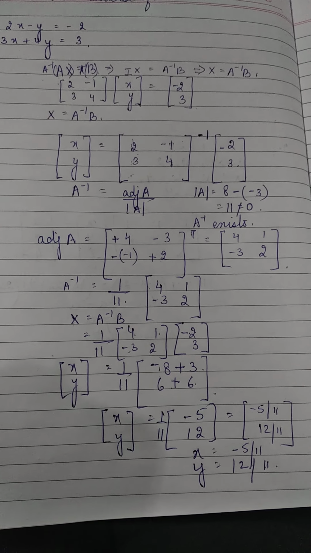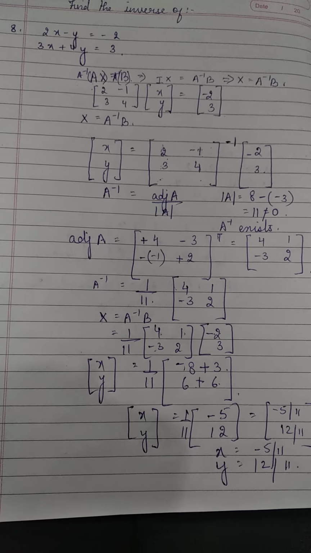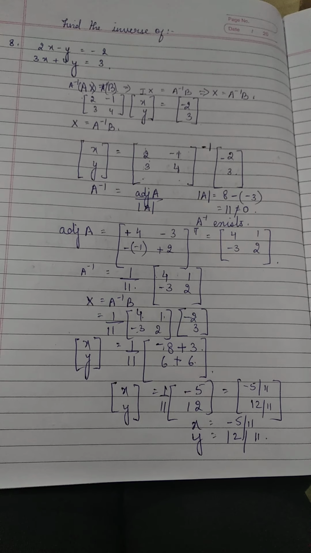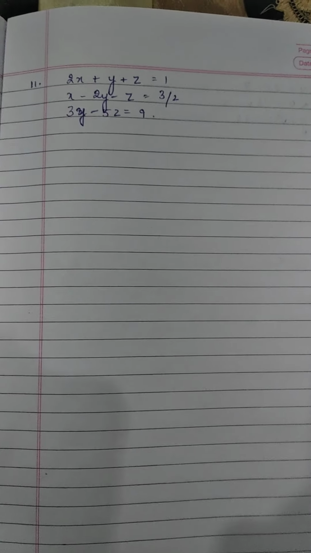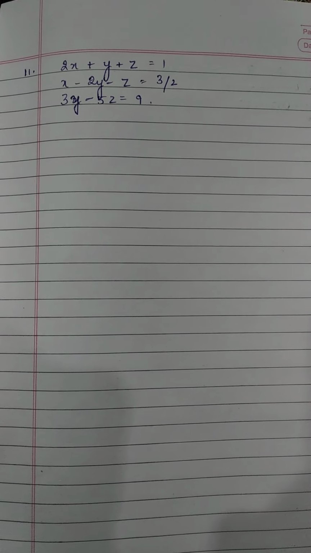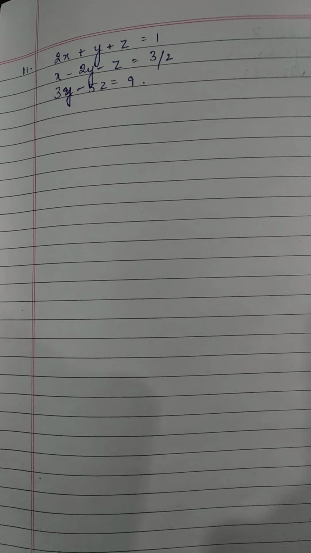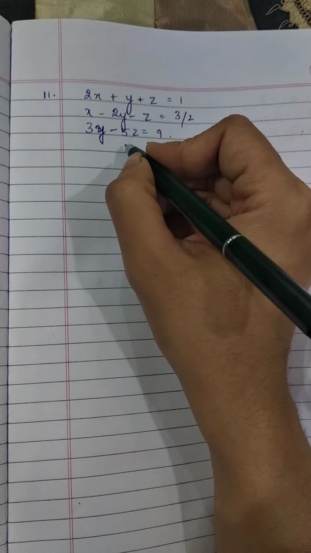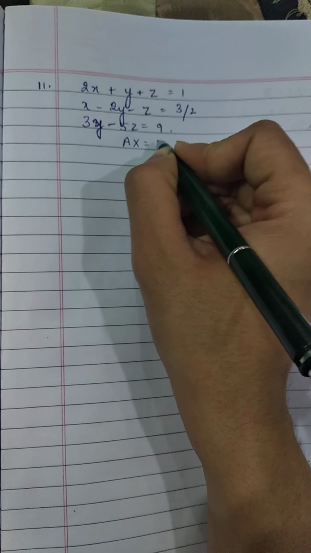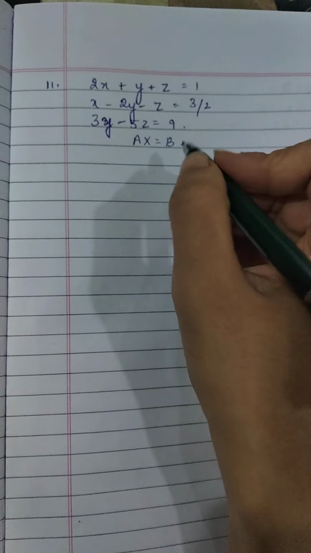With this, we move on to question number 11. Again, this is a linear equation in 3 variables. So we have to represent it in the form of AX is equal to B. Right?